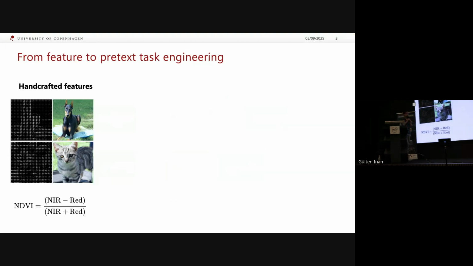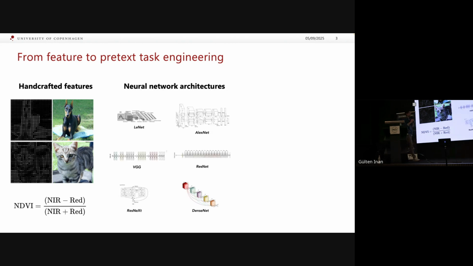So what do I mean with this from feature engineering towards pretext task engineering? So these could be some handcrafted features that worked well in the past. So some HOG-like features that describe an image. Or then in Earth observation, we could think of the NDVI as some clever feature that is more predictive for vegetation characteristics than the raw bands itself.